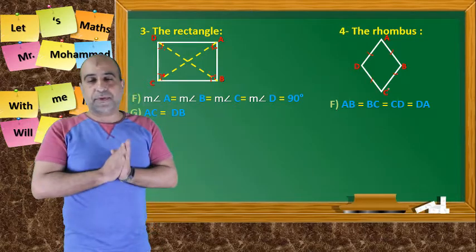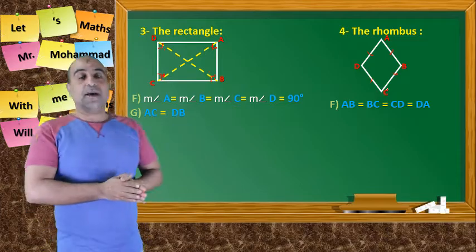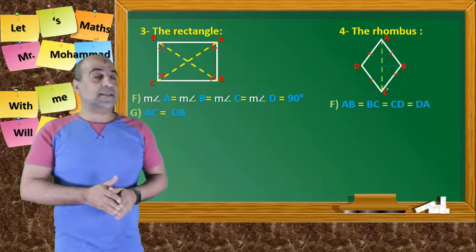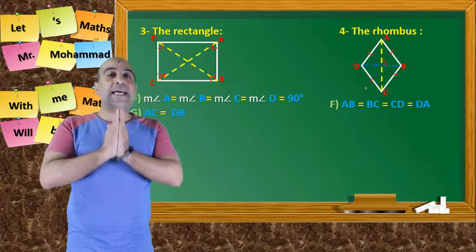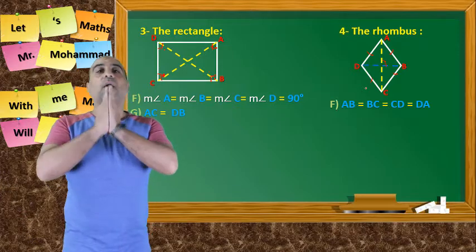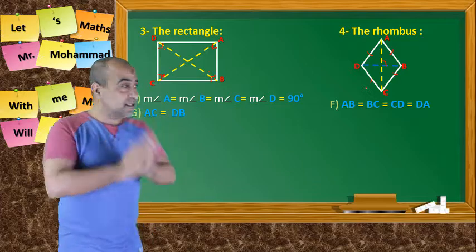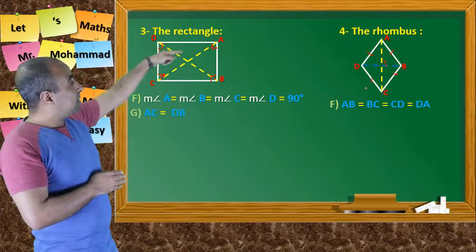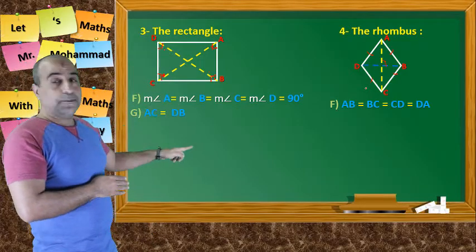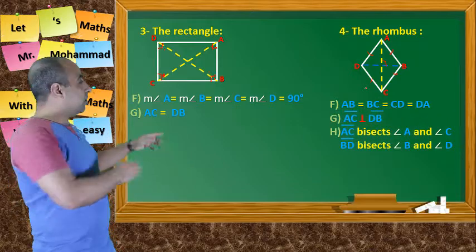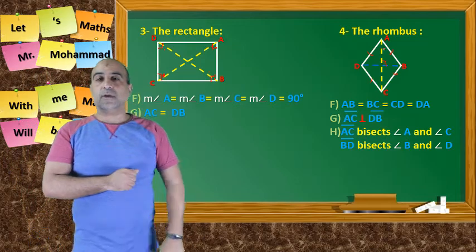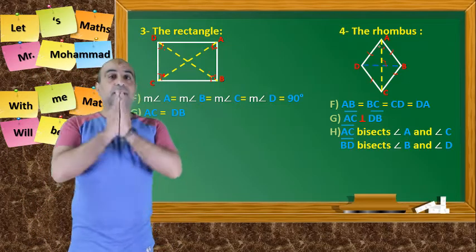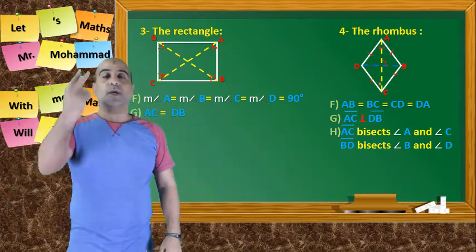And the last extra property is that the two diagonals are perpendicular and bisect the angles of the vertices. It means AC bisects the measure of angle A and also angle C, and BD bisects angle B and angle D. Bisect means divide into two equal halves.